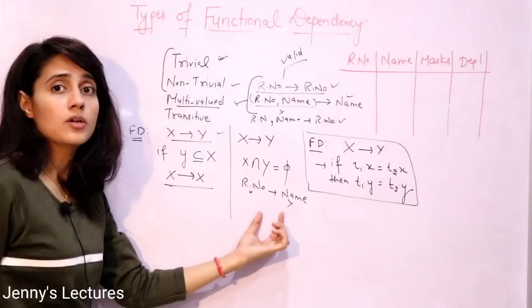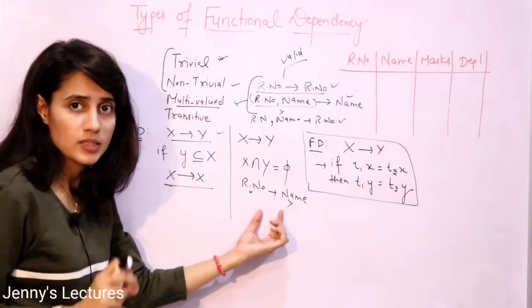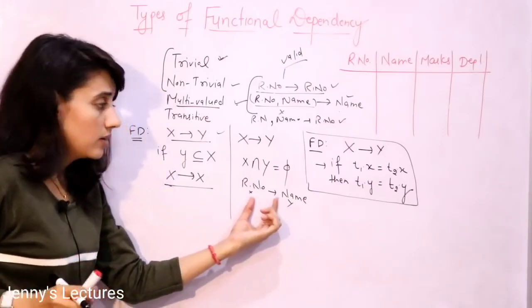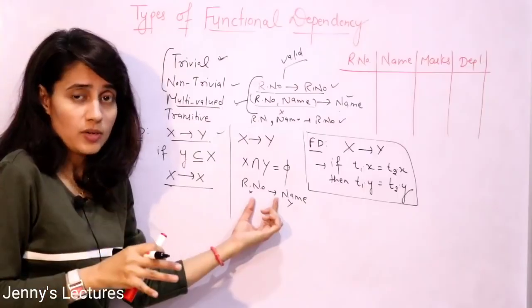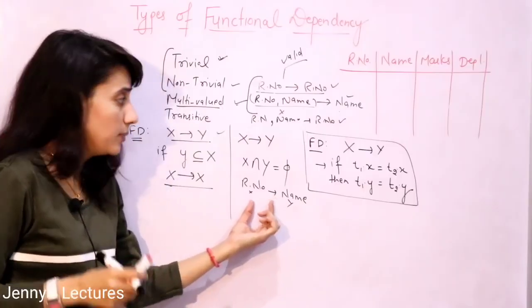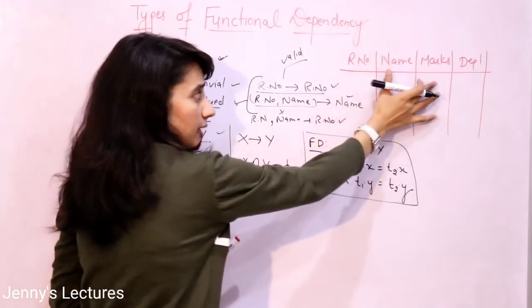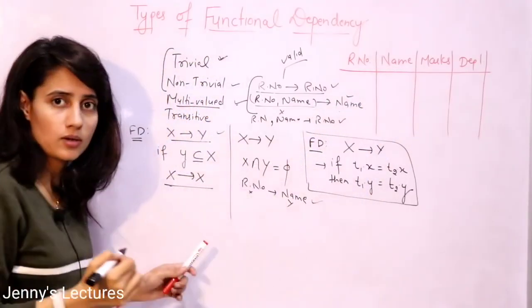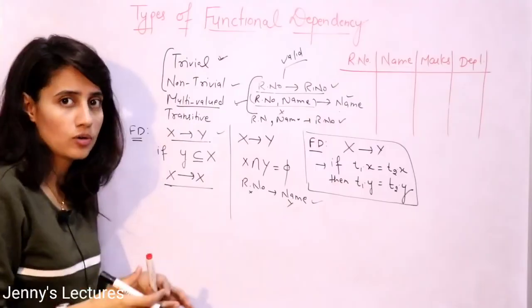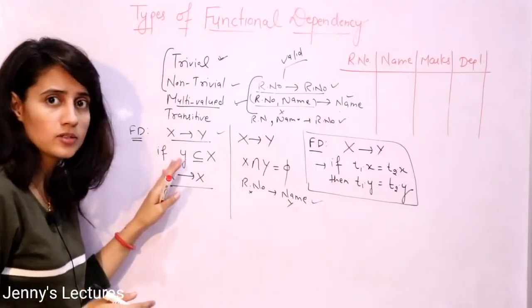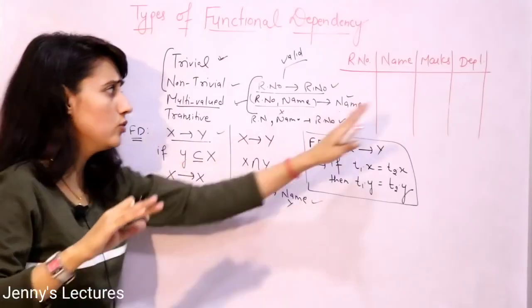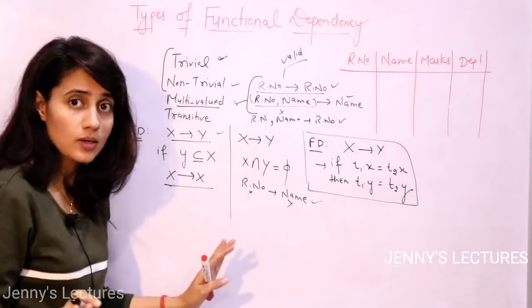So this is non-trivial functional dependency. And here I'm not sure that this functional dependency is valid or not. It may be valid, may not be valid, right? So we have to look at the table to check whether this functional dependency is valid or not. But this kind of functional dependency, trivial, will always be valid. No need to check the table, right?